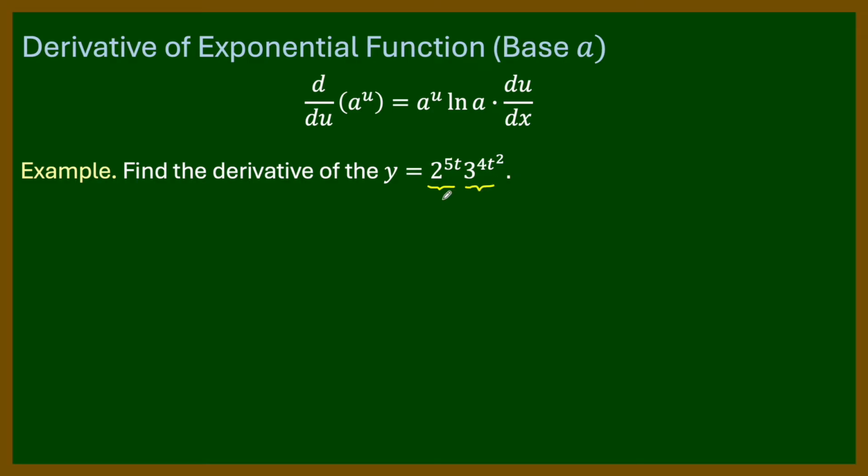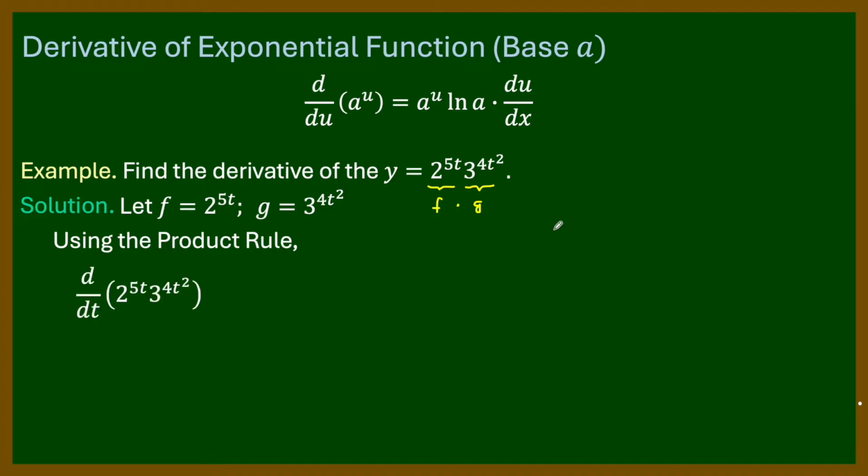We can represent this as f and then g. Take note, guys, the separator is multiplication. That's why we have to use the product rule. So f is 2 to the 5t, just like what I've said earlier. g is 3 raised to 4t squared.